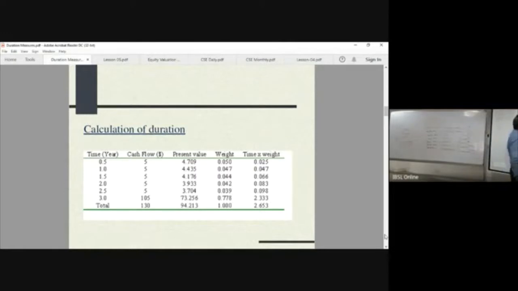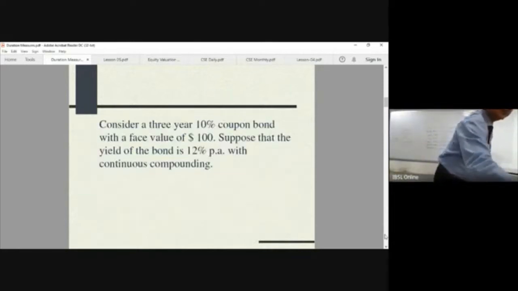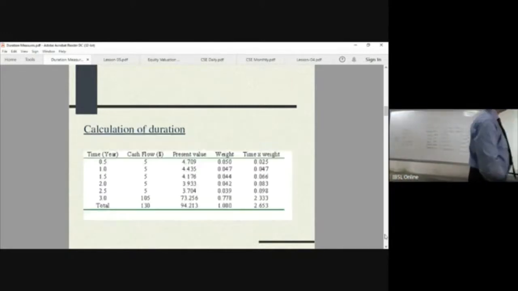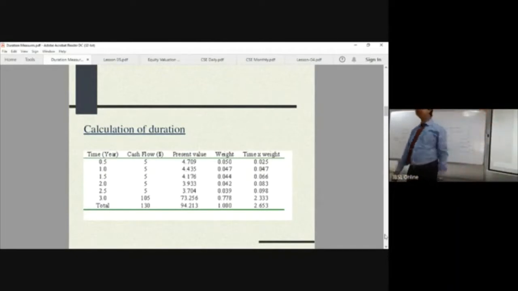Now how do you calculate the present value? What is the yield to maturity? 12%. 12% means for half year it is 6%. Yield to maturity is 6% for half year. Then do the calculations on the normal basis and see whether the things are correct.